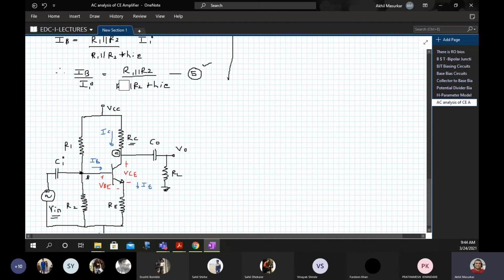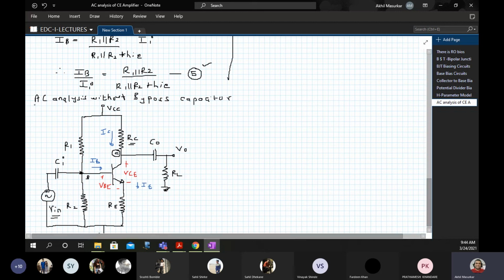So we are doing AC analysis without the bypass capacitor.